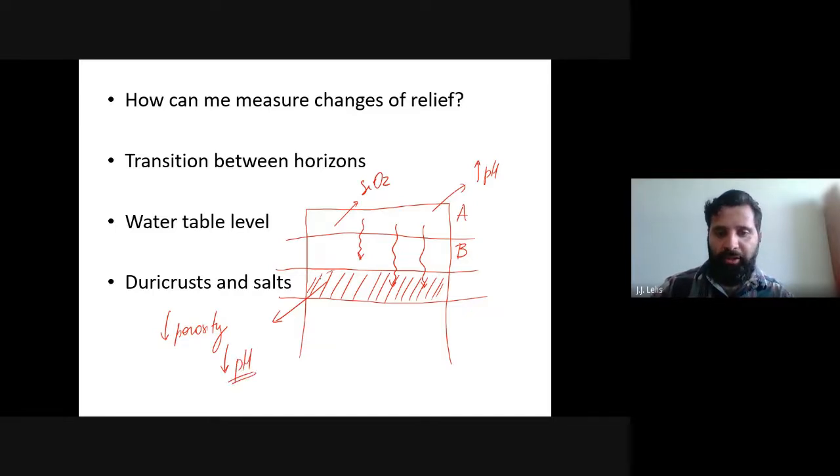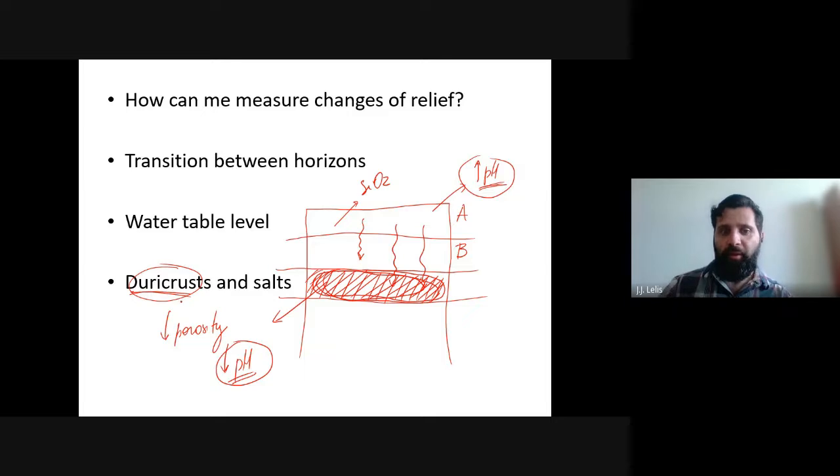A low pH induces the precipitation of silicon in the voids of this horizon and induces the cementation of this horizon or this layer and creates a cemented horizon, a duricrust. So duricrusts that are composed especially of silicon need a change of pH from high pH to low pH or high porosity layers to low porosity layers, okay?